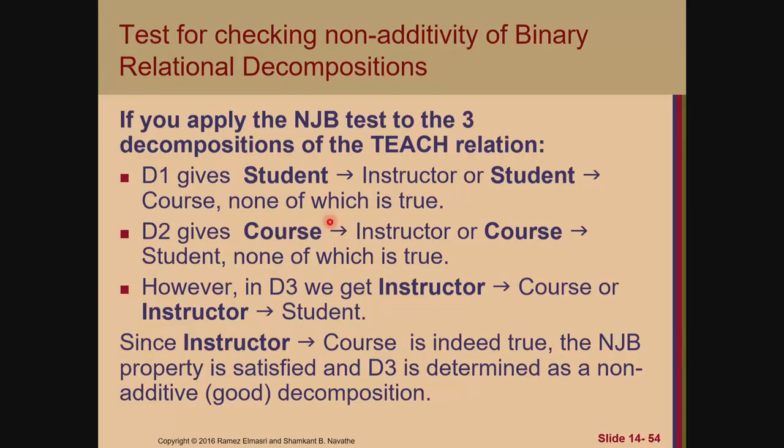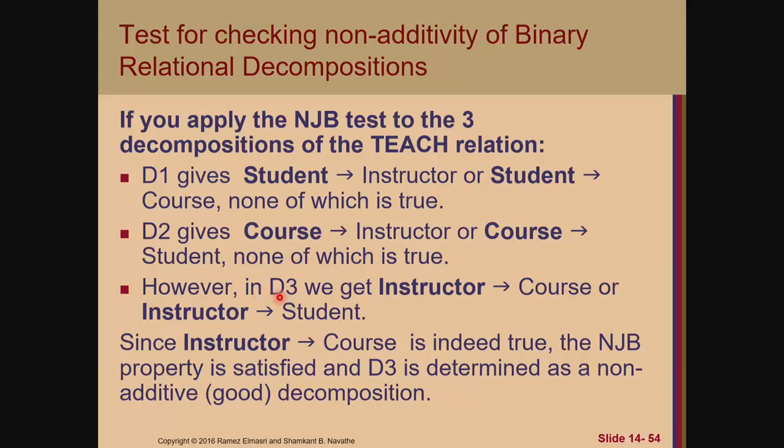If you apply the NJB test to D1 of the decomposition of the teach relation, it gives student determine instructor or student determine course, none of which is true. And D2 gives course determine instructor or course determine student. This also none of which is true.